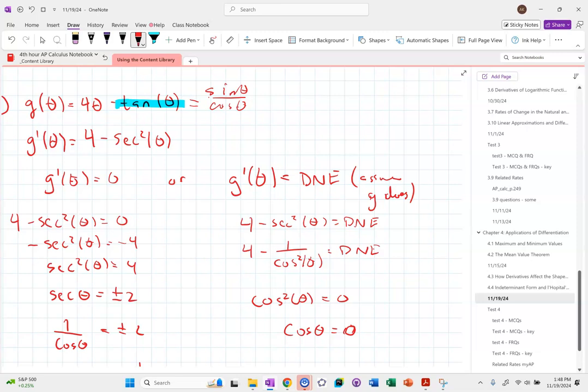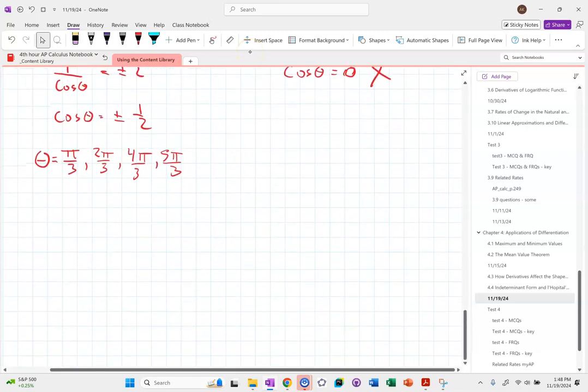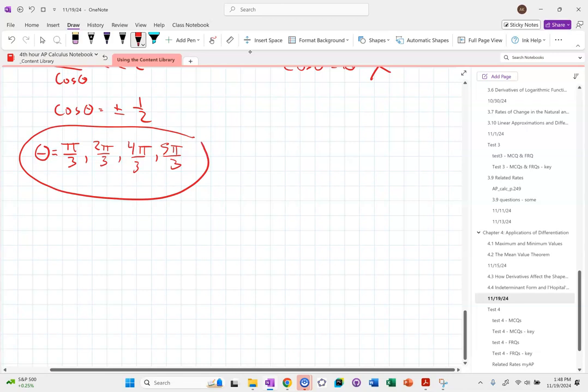So g is also undefined where cosine is equal to 0. So this doesn't matter, because any place where the derivative doesn't exist is also a place the function doesn't exist. So that's fine. Our only critical values should be these guys here. Does that match? Yeah. Okay.